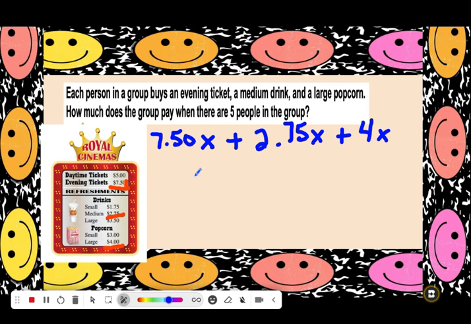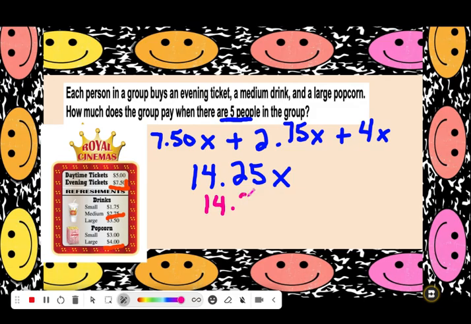When we combine all of our like terms, we add $7.50 plus $2.75 plus $4 and you would get $14.25 times some number. Now they're telling us that some number is 5 people in your group. So we're going to substitute in 5 for x.